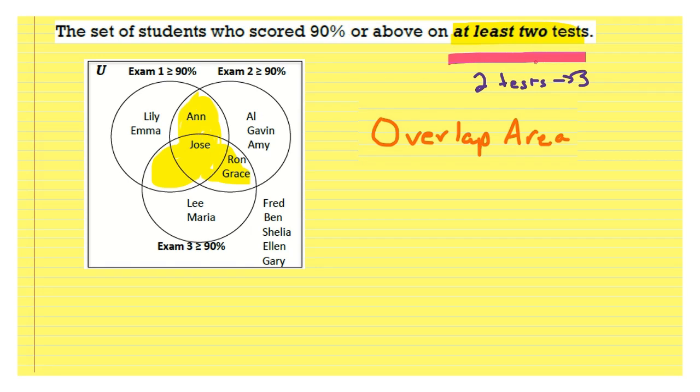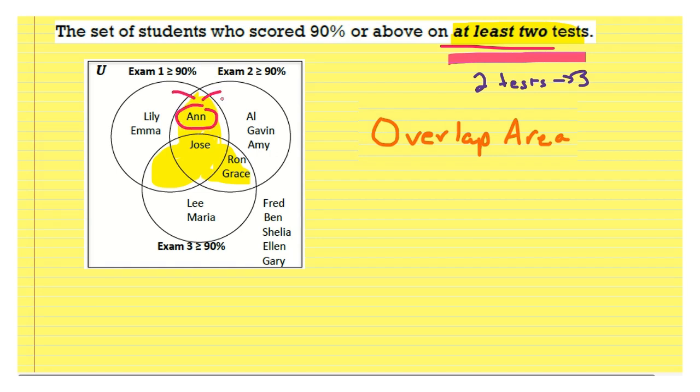So at least two tests means it's going to be in the overlap area because Anne scored high on both exam one and exam two. Ron and Grace also scored high on two tests. They scored higher on exam three and exam two. And Jose scored higher on all three tests.